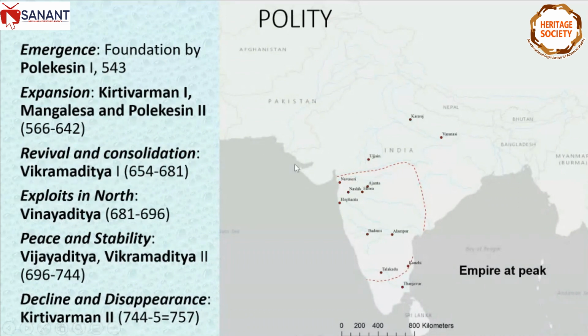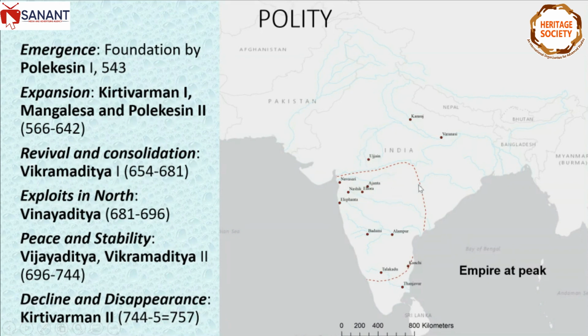From the time of Mangalesha onwards, you will notice that the northern kind of architecture, what we call the Nagara tradition, made a firm root in the region around Badami.